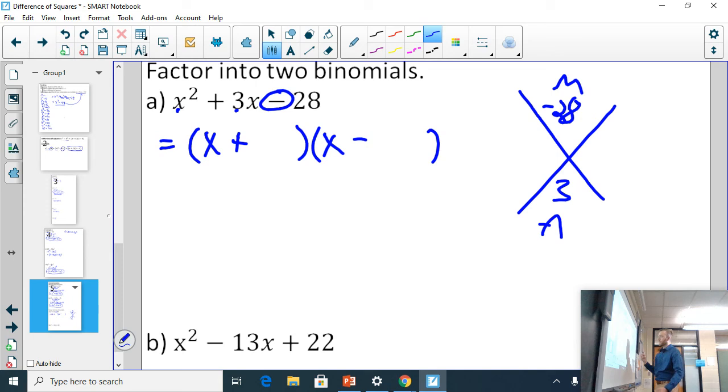So I'm just going to start listing the multiples of 28, because sometimes it's hard to think. So 1 and 28, I don't think that's going to work. 2 and 14, that's not going to work. Do we have 3? No. 4 and 6 isn't going to work.